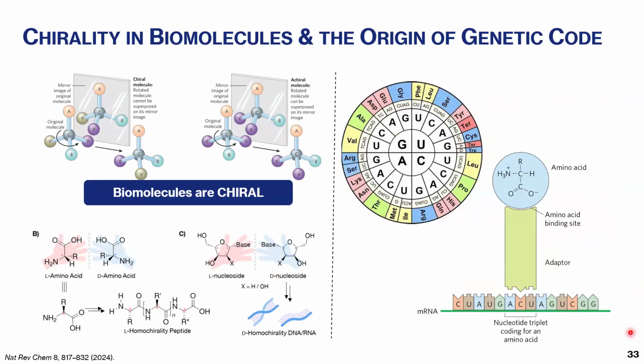However, too much enantiomer diversity could hamper polymerization and enzyme activity. So numerous abiotic mechanisms for promoting homochirality have been demonstrated, including preferential catalysis, crystallization, and adsorption.